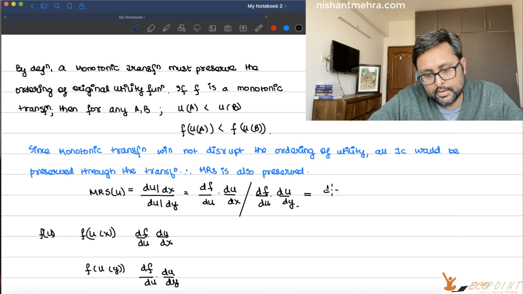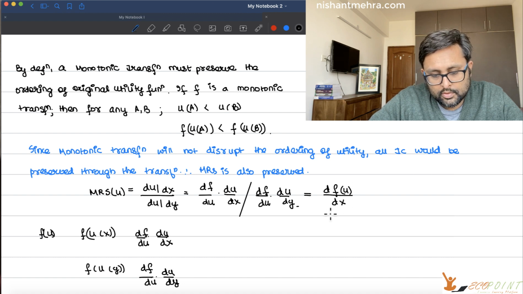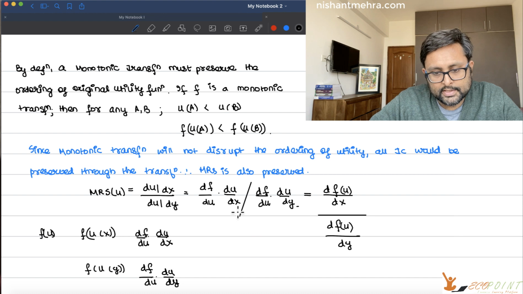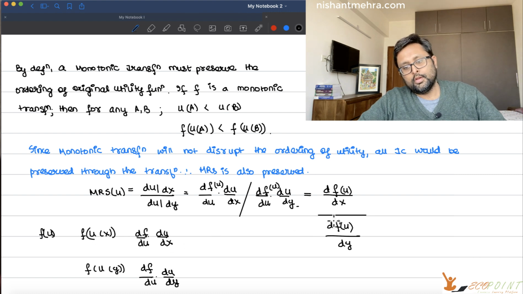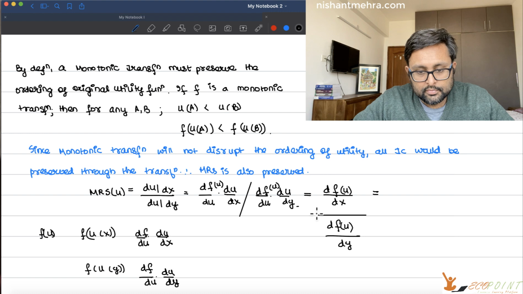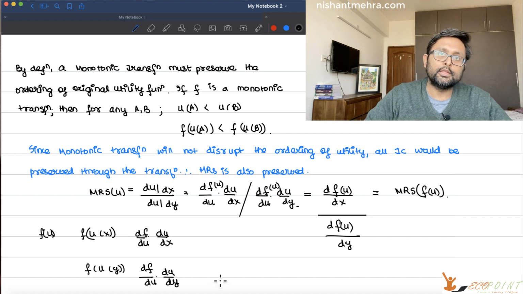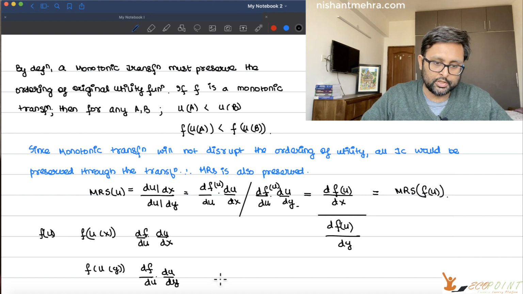You can write du by dx all upon du by dy, this df by du cancels, and this is nothing but a function of u. And what is this? This is nothing but the MRS of the transformed function.